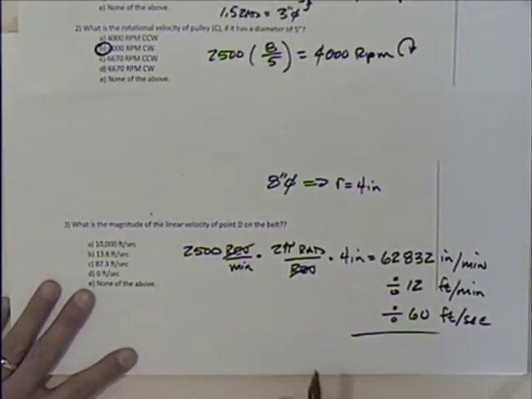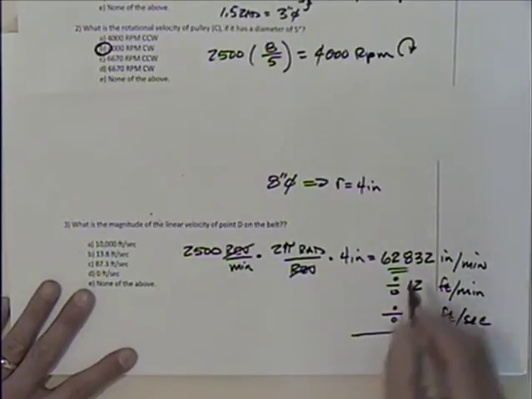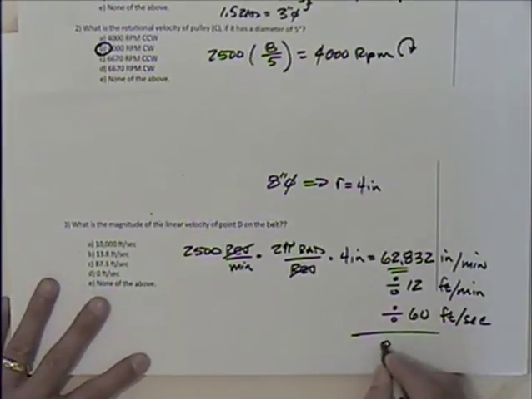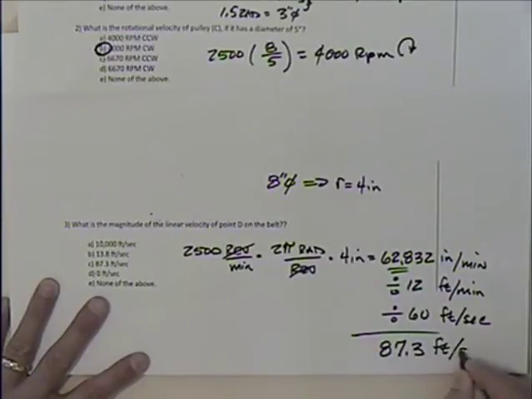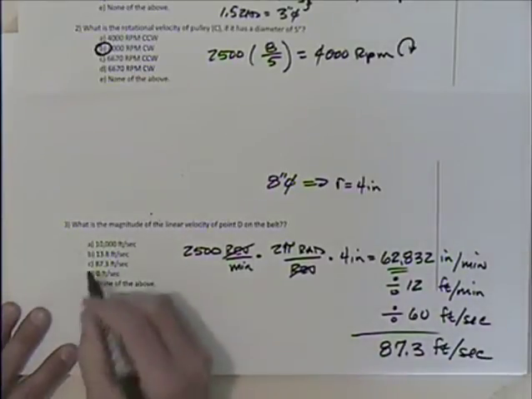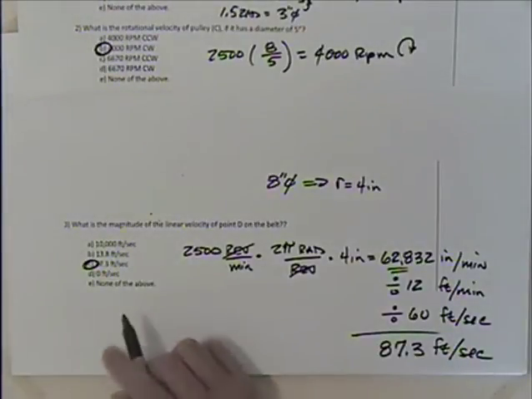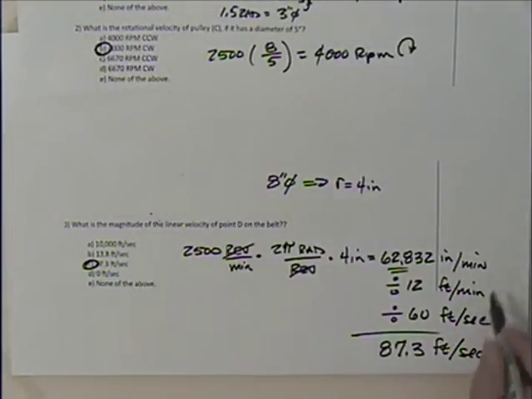When I get done with that, divide this number here, 62,000 by 12, divide it by 60, and you should come up with 87.3 feet per second right there. Answer C. So E would not have been a good choice because we still had a units concern yet.